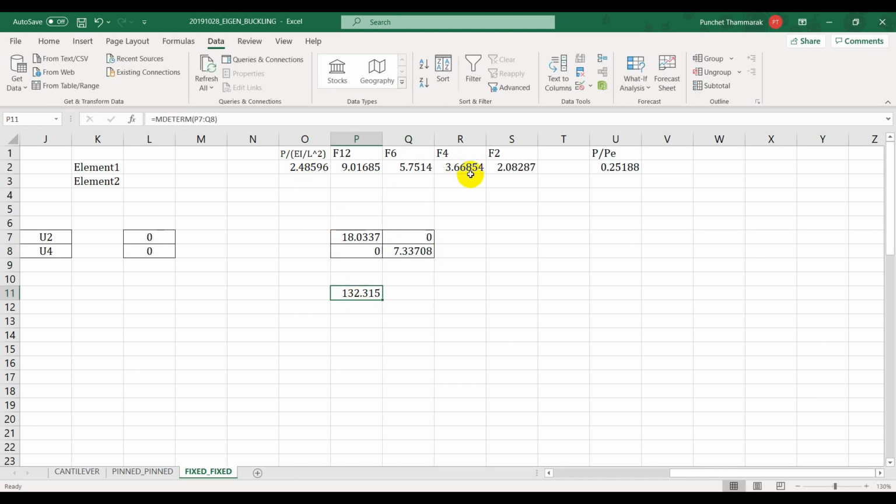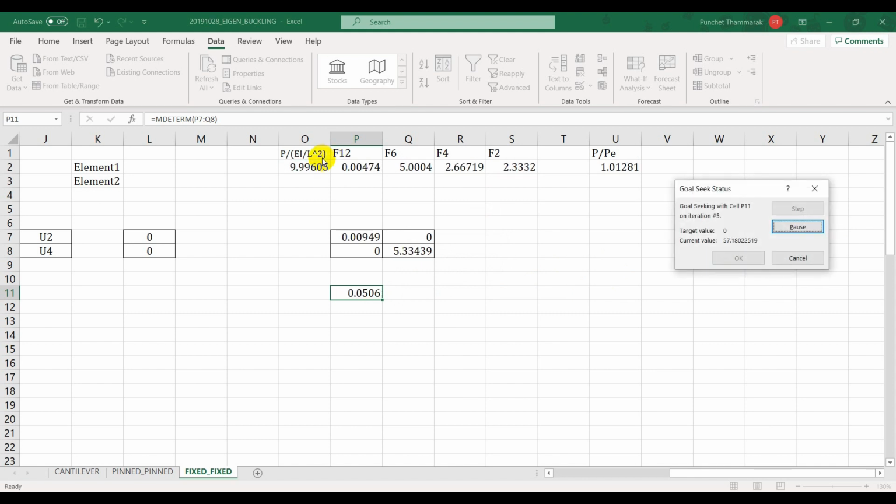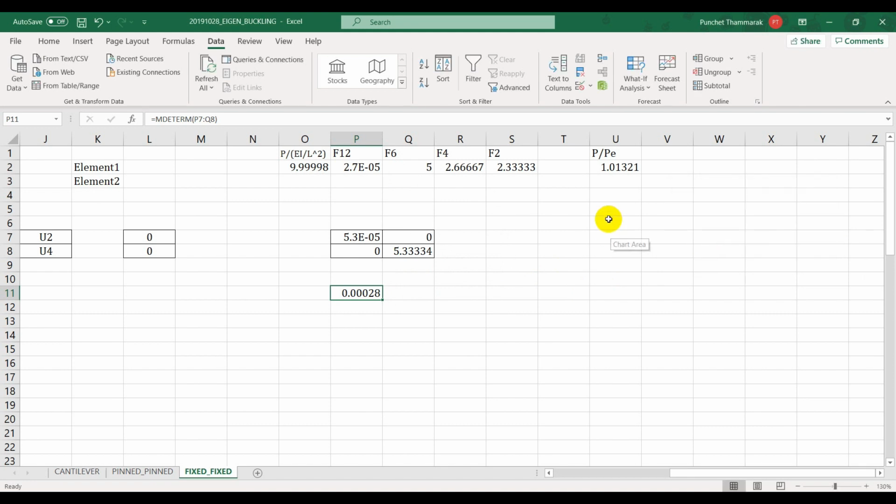Okay. And what if goal seek this value? We need this. Oh, okay. PO/PE ratio turns out to be 1.01, about 1.3% off. Not bad, still acceptable, very close. And again, PE in this definition is equal to 4 pi square EI over L square. Match.